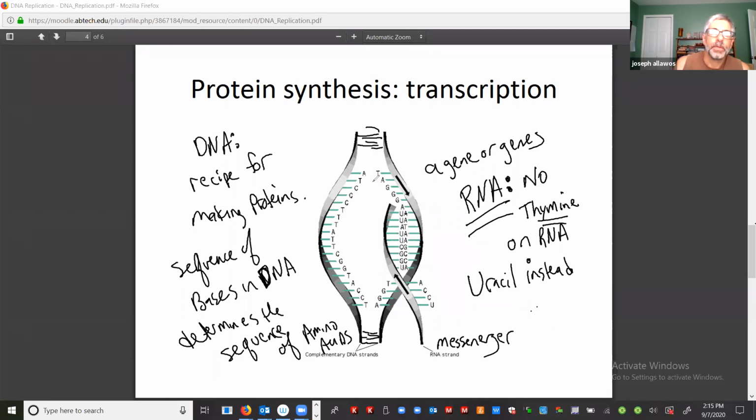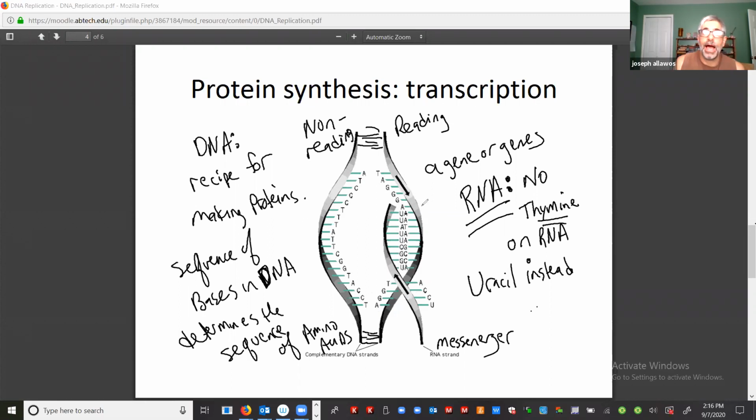Now here's the thing: the DNA has two sides, right? And depending upon which side the messenger RNA slips in and copies or uses as a template, you're going to get two different sequences. You're either going to get the sequence or the complement of the sequence. So what we like to say is that there's a reading side to the DNA and a non-reading side.